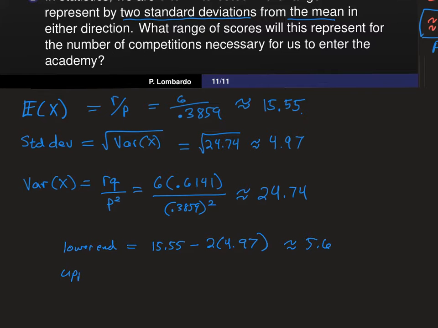On the upper end, we would go 2 standard deviations in the other direction: 15.55 plus 2 times 4.97, which is approximately 25.5.